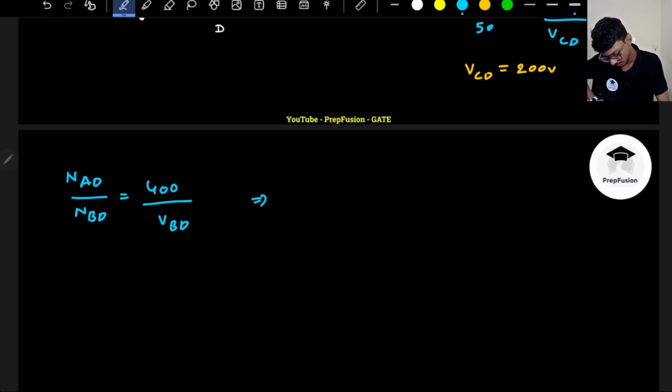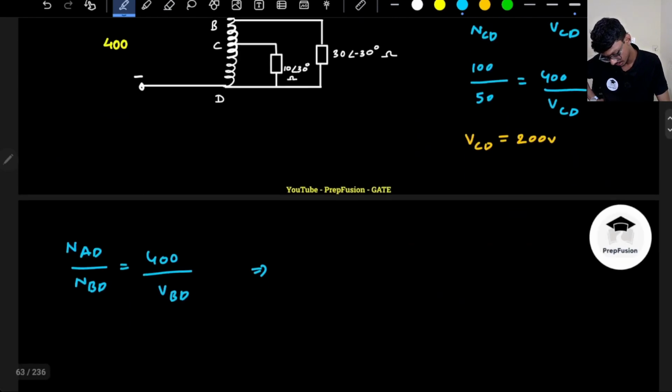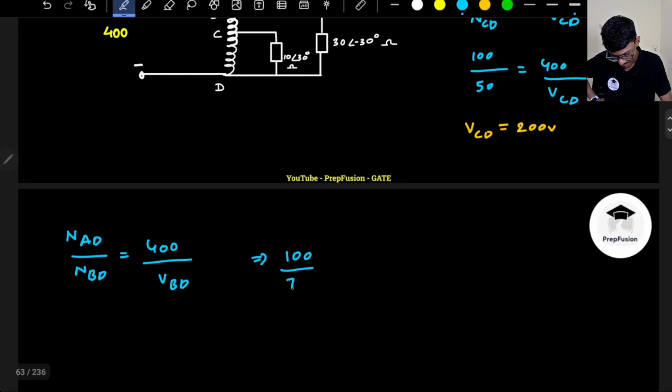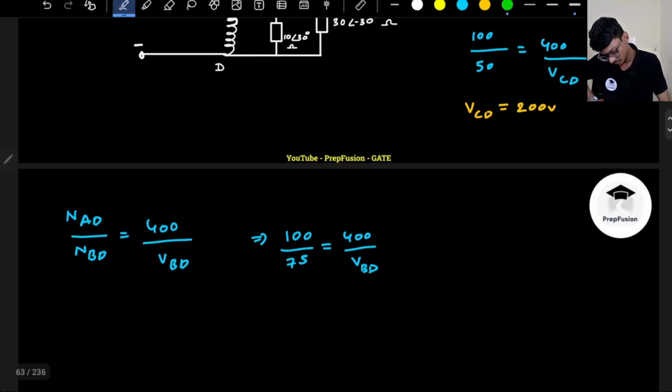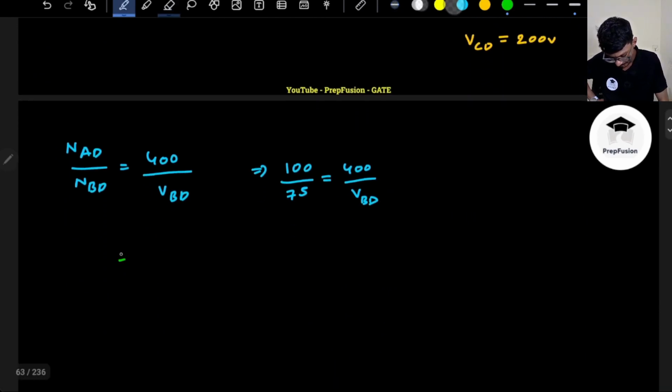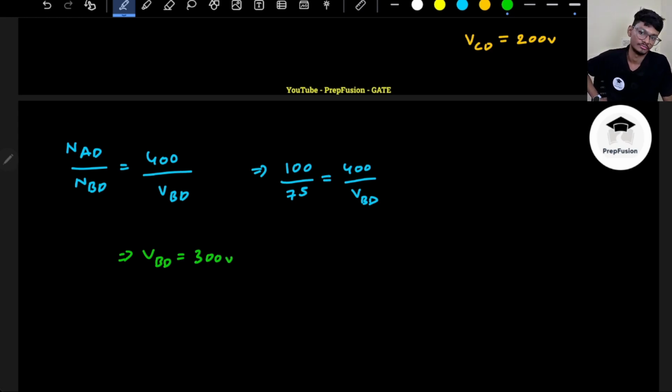So the number of turns in AD is 100, correct? 100 upon 75 will be equal to 400 upon VBD. So my VBD will be equal to 4 into 75, that is 300 volts. So VBD is equal to 300 volts.